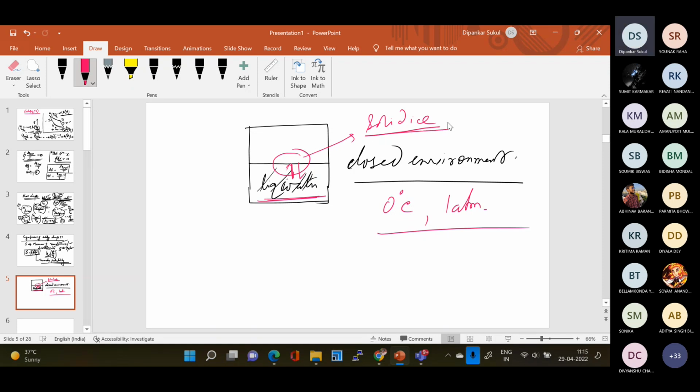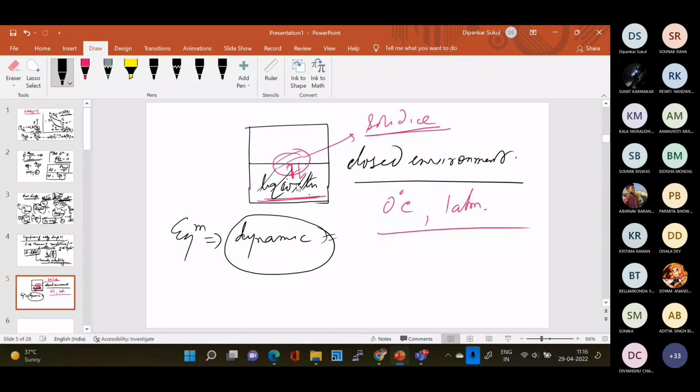Now you know all types of equilibrium are always dynamic. Equilibrium is not static. Equilibrium is dynamic. What does it mean? That means some amount of liquid water will be converted into solid ice, and some solid ice will be converted into liquid water under the equilibrium condition. This is the dynamic equilibrium.